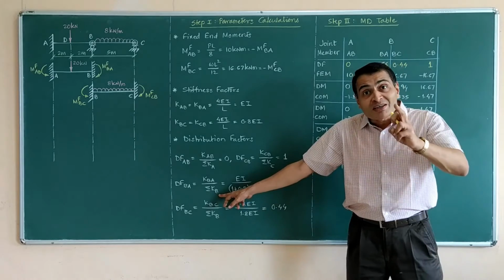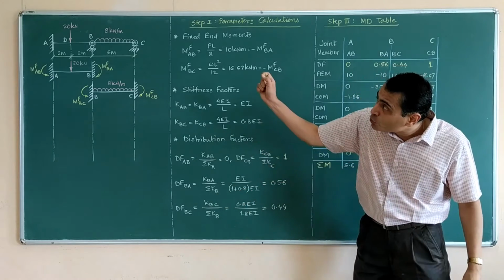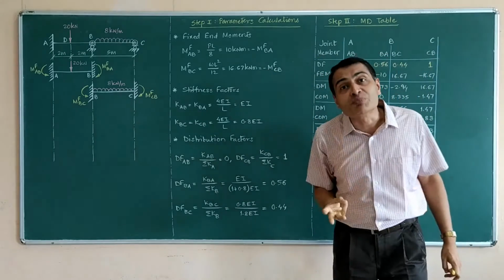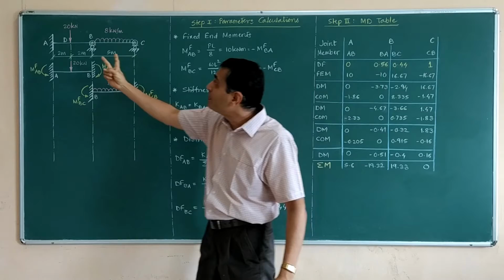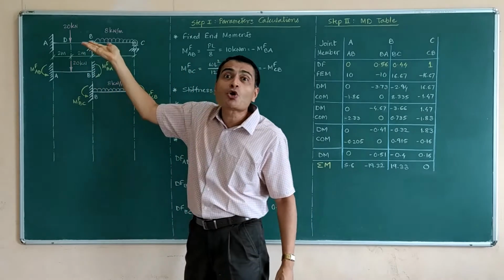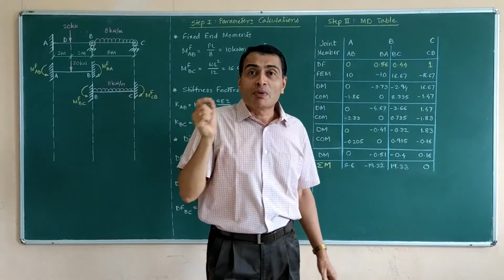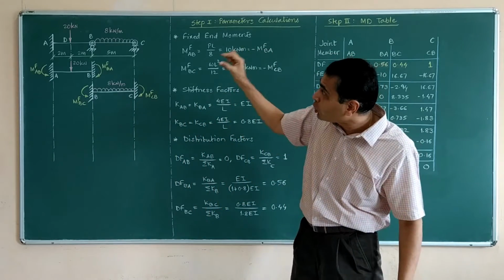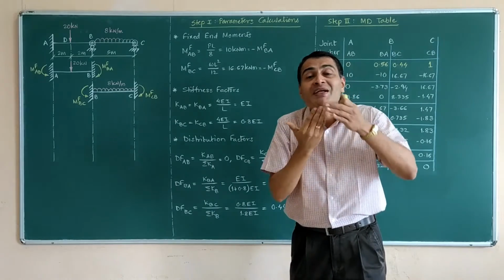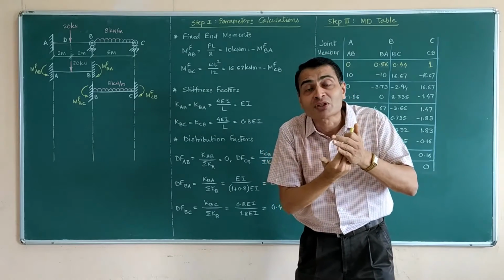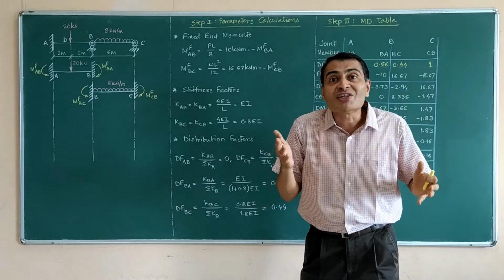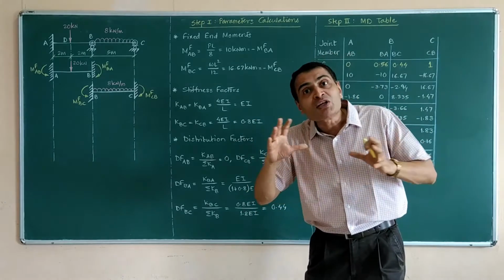Now this is also interesting. Try to understand. If you look carefully at point B, theoretically there are 3 members meeting: member BA, member BC, and even the supporting column at point B. But again, because of that roller, because of that pin, the supporting column is not rigidly jointed the way we observe in a portal frame problem. It is not rigidly jointed like in frames.